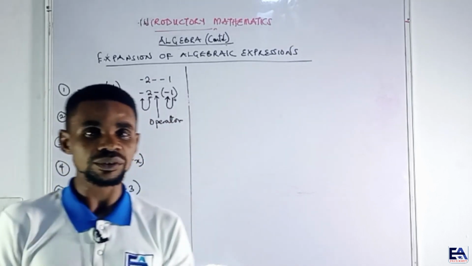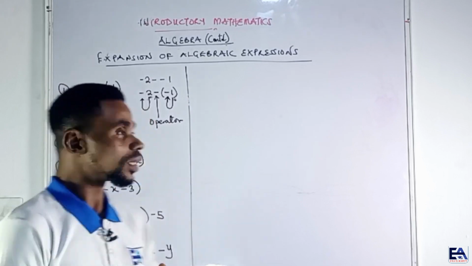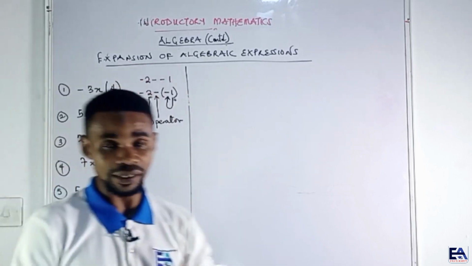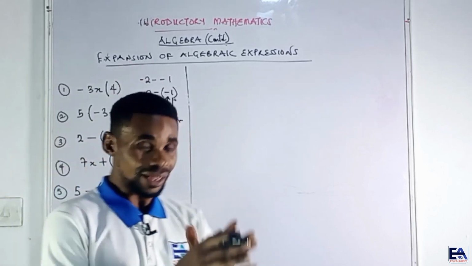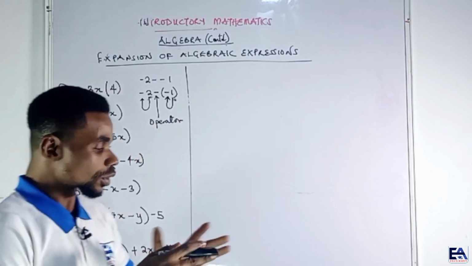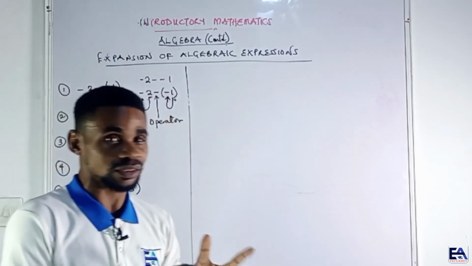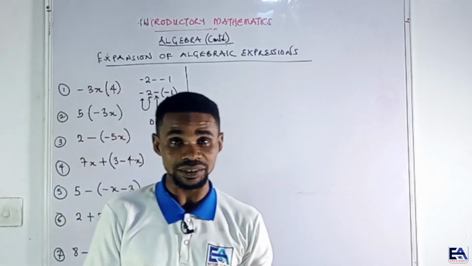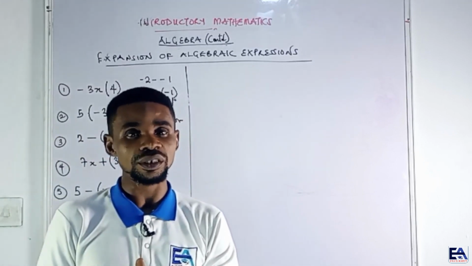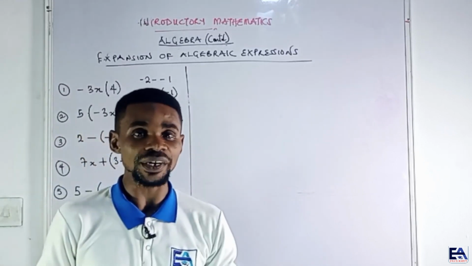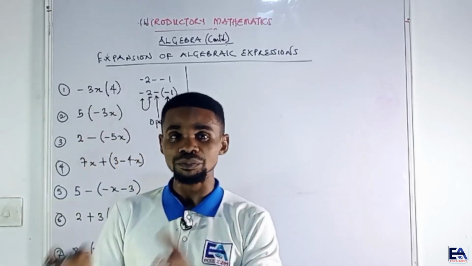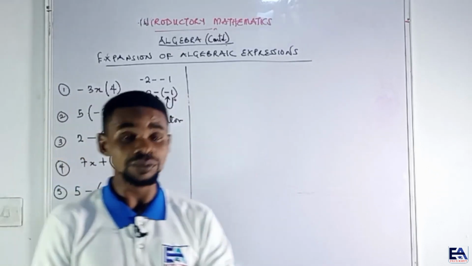That multiplication is what we call expansion of that bracket. Some other teachers, or some countries, or some textbooks, may call it removing the brackets. It's still fine. Whether you expand the bracket or you remove the bracket, it still means the same thing.